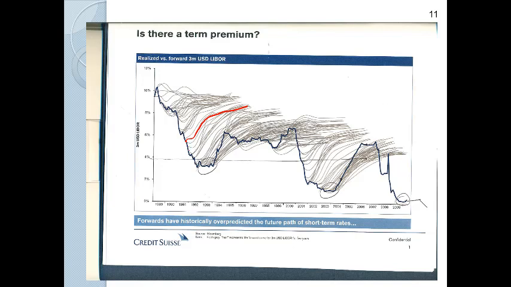You see that in the future, this is what happened. So actually, the red curve totally overpredicted what was going to happen. And then in general, you see that over this period, 1989 to 2009, the forward yield curve of the 3-month US LIBOR overpredicts what's going to happen in the market. Now, there are periods like this one where it underpredicts what's going to happen. But in general, it overpredicts.